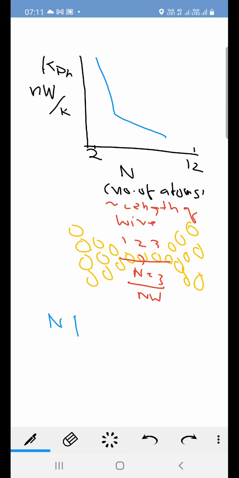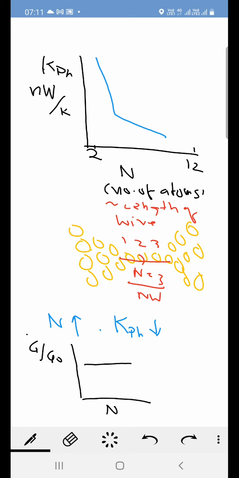So as n increases, KPH is found to decrease. On the other hand, if you plot the electrical conductance with respect to n, it is almost a constant value. So there is little dependence of this electrical conductance on the number of atoms.